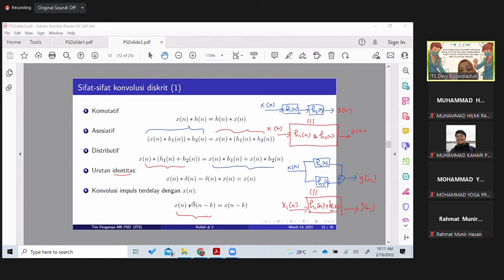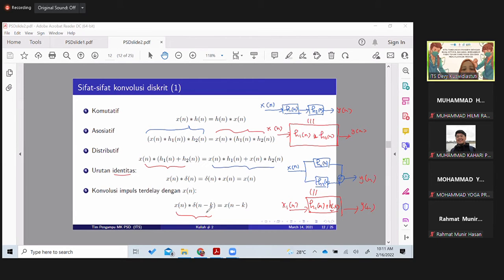So the δ[n] function did not change the characteristic of the signal x[n]. For example, its amplitude is not changing, its frequency is not changing.